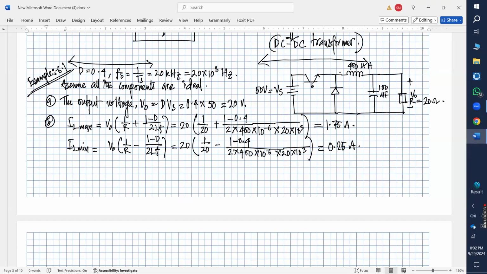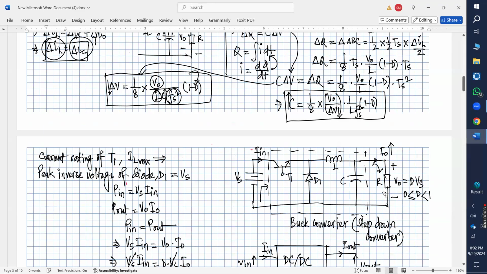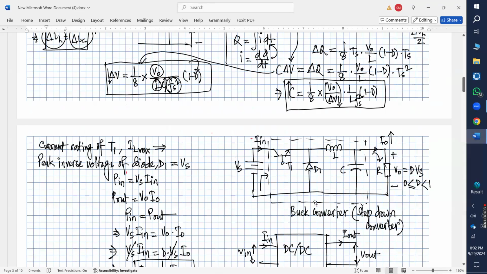Now, they are asking about the ripple voltage, the output voltage ripple. So what was the output voltage ripple equation? In the last class, we derived the condition, right?